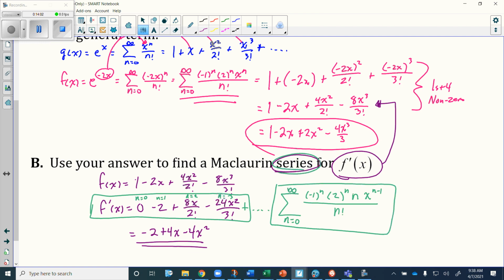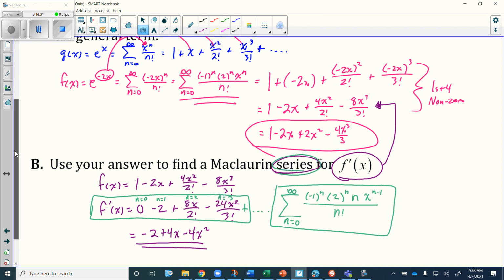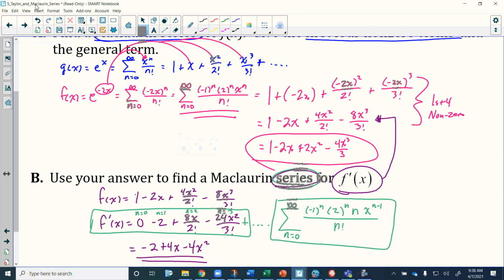Now, before we move away from this, I would just like to point out, let's go back to here real quick. What if I took the derivative of that? Could I take the derivative of that series?